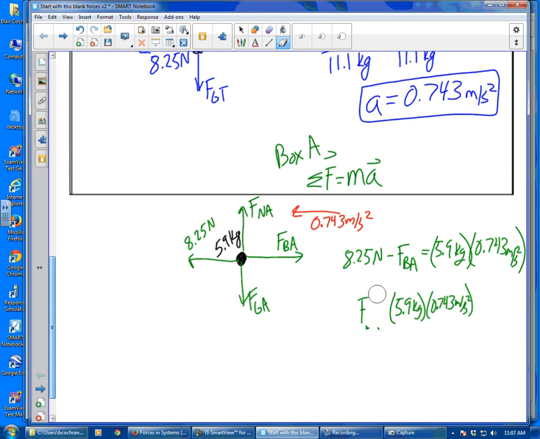I'm going to back up one second here. I'm going to have 8.25 minus that equals FBA. Sorry, I just needed to bring the FBA over here and that part over there. Make sure you see that.